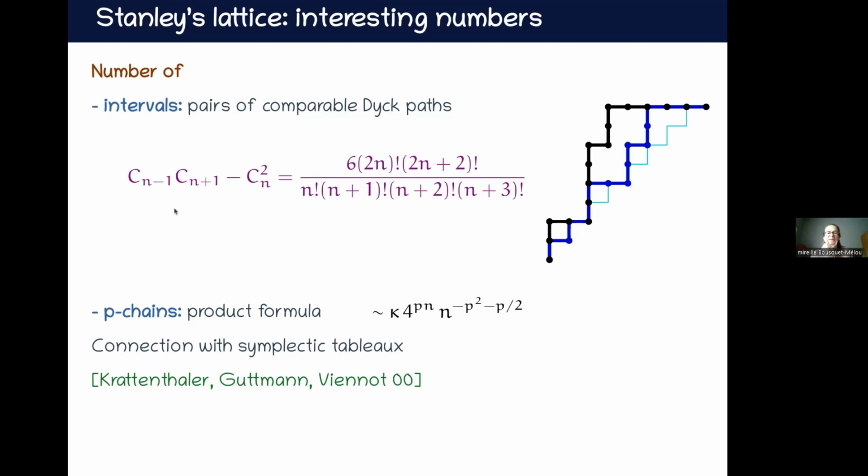So if I get back here, you probably see the 2x2 determinant that is counting these configurations. It has a nice formula. And then a nice product formula was worked out by Christian, Tony Guttmann, and Xavier in a different context for p-chains in general, with a nice asymptotic behavior. And there you have a connection with some tableaux, in this case symplectic tableaux.